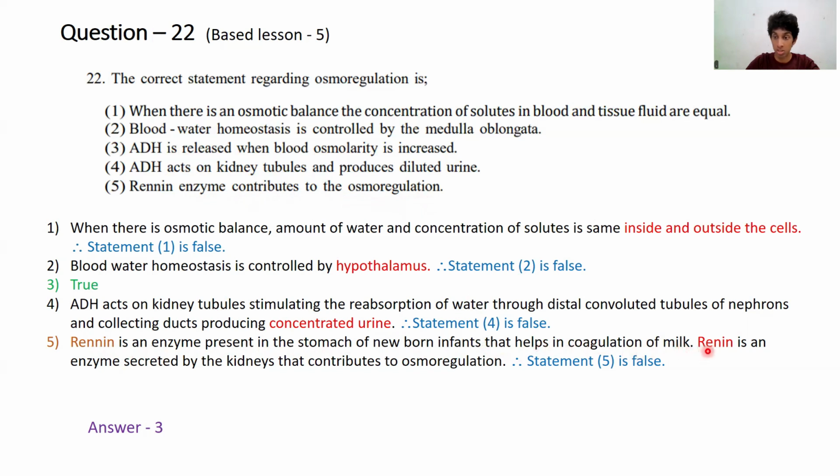But renin, with only one N here, is an enzyme secreted by the kidneys that contributes to osmoregulation. So the statement 5 is also false. So the correct statement was the third one. So the correct answer is 3.